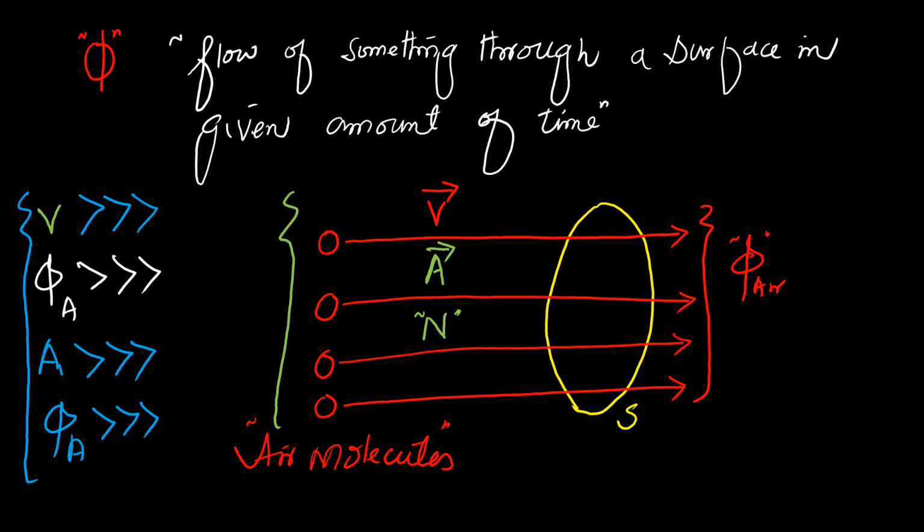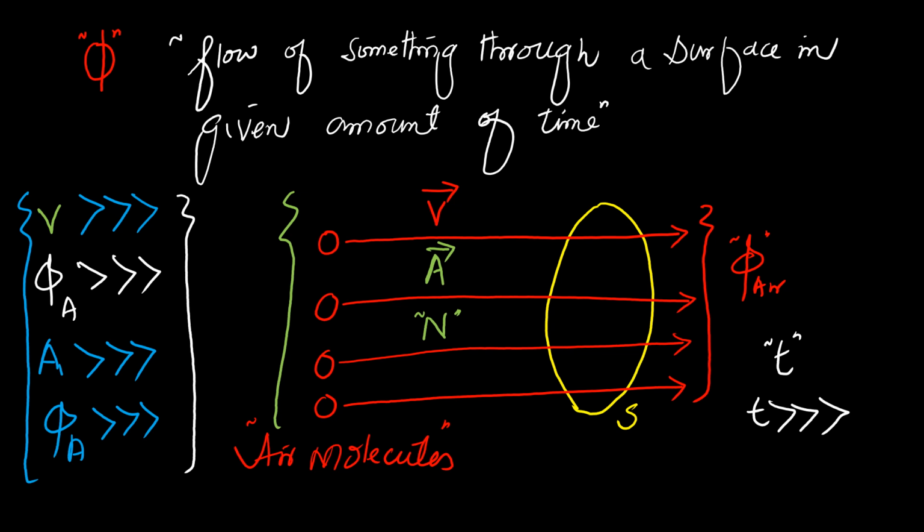Furthermore, as you know, flux is the rate of flow of something through a surface. So this means that flux also depends on time. The more the amount of time, the more things pass through the surface.